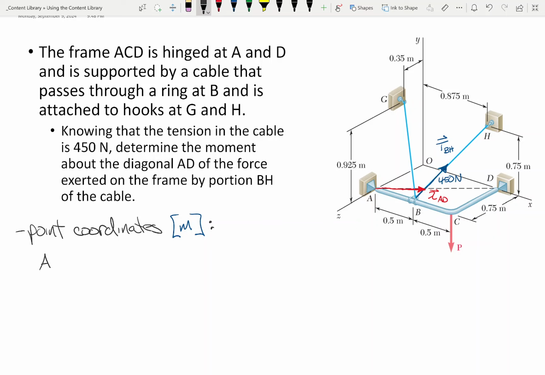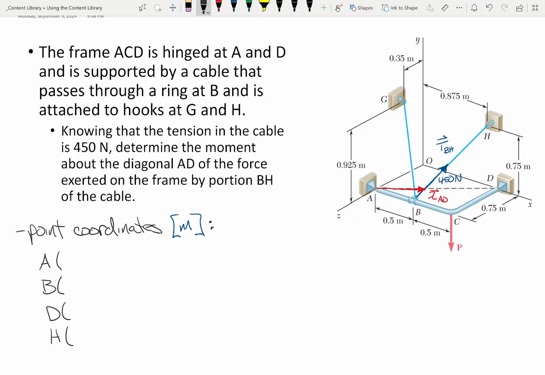We can do a ton of these, but I'm just going to list the ones I'm going to need. I'm being a little precognitive, I guess, because I know that these are the ones I'll need: point A, point B, point D, and point H.